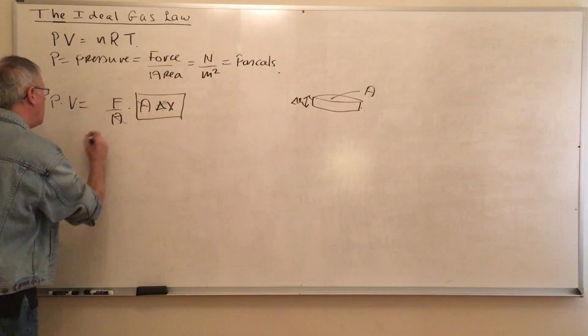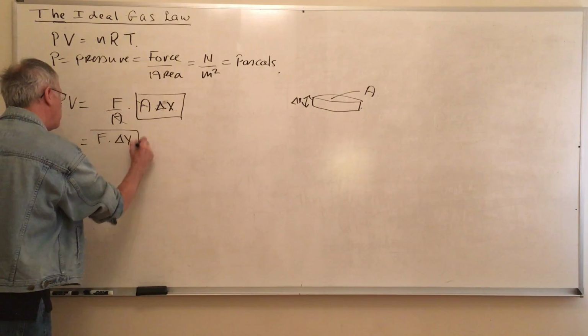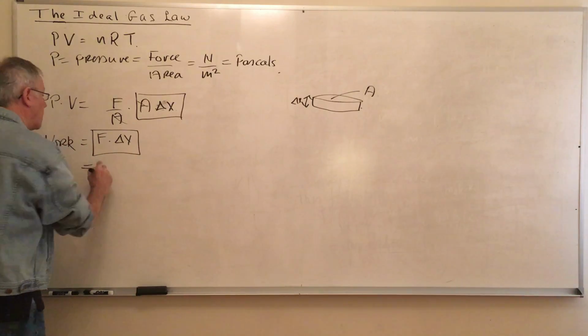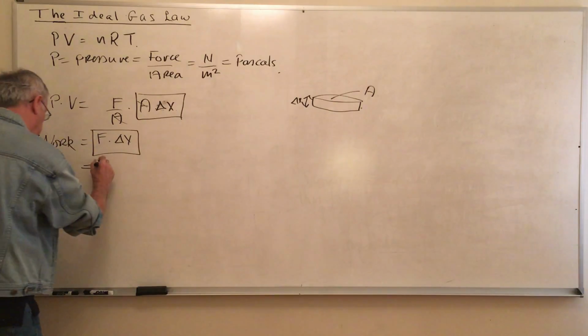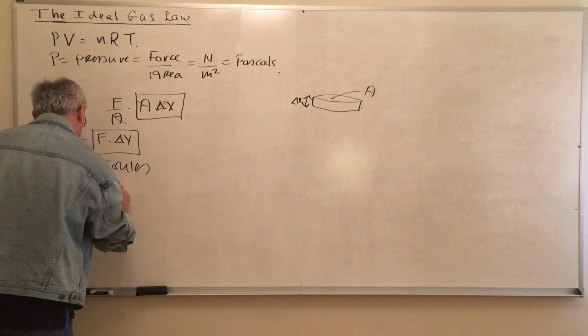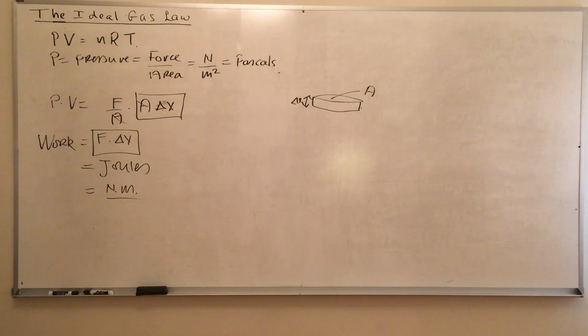The areas cancel and we get force times delta x, or force times displacement, which is work. Work done, or work done by. Strictly, newton meters are the units of work, but they're the same as joules. It's equal to the energy expended.